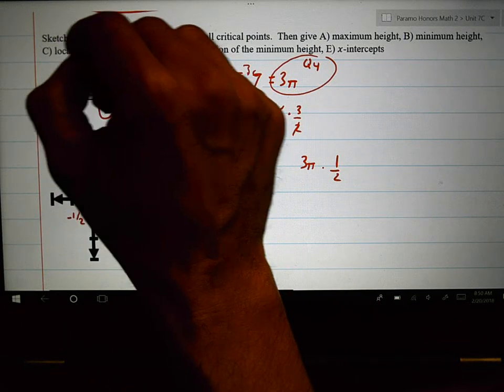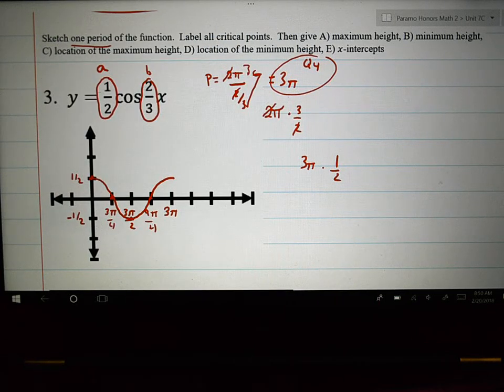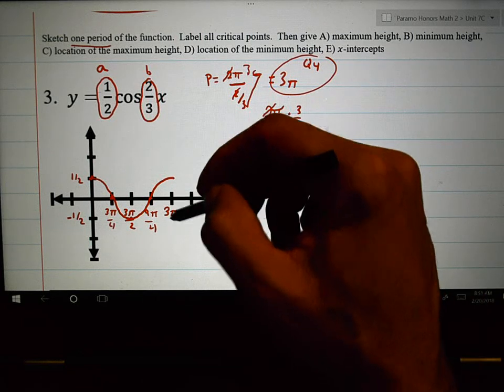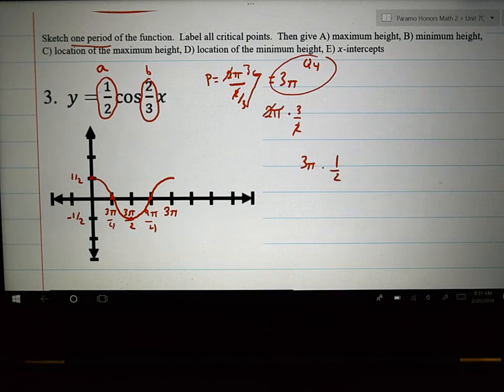How many periods? Do I have one period drawn? Piece of cake. I'm done with the sketch. If it asks for 2 periods, which you will have to do later in some later problems, you're going to draw 2 of those waves, making sure you double whatever this period is, the 4th quartile period is.